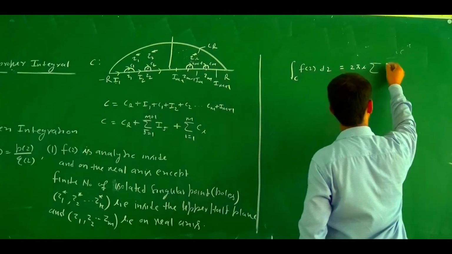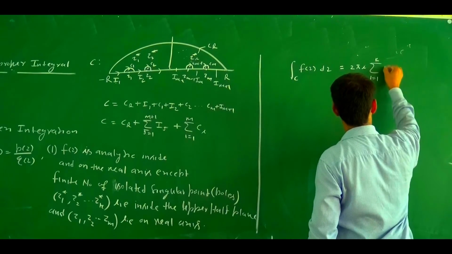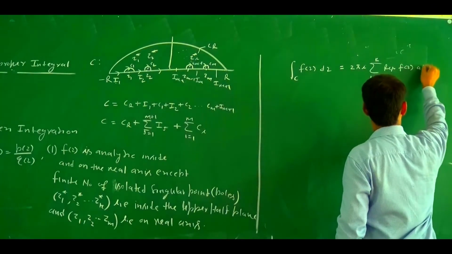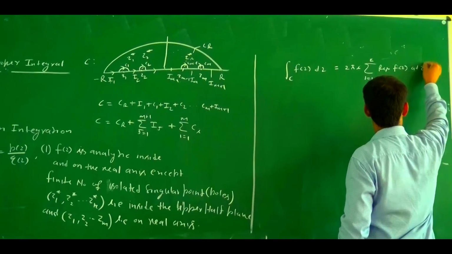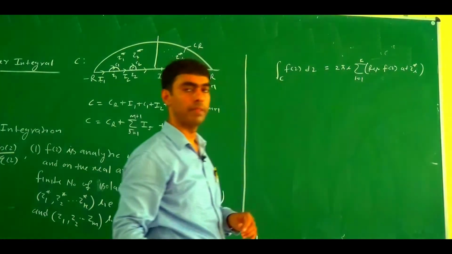That is 2 pi i times the sum for i equal 1 to k of the residue of f(z) at zi star.